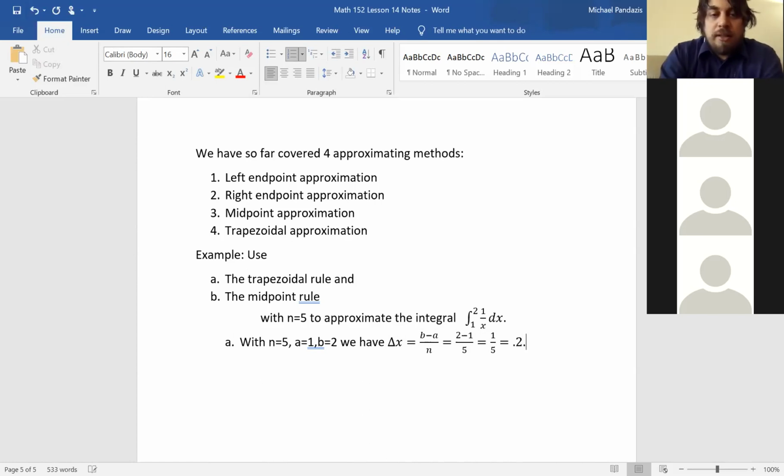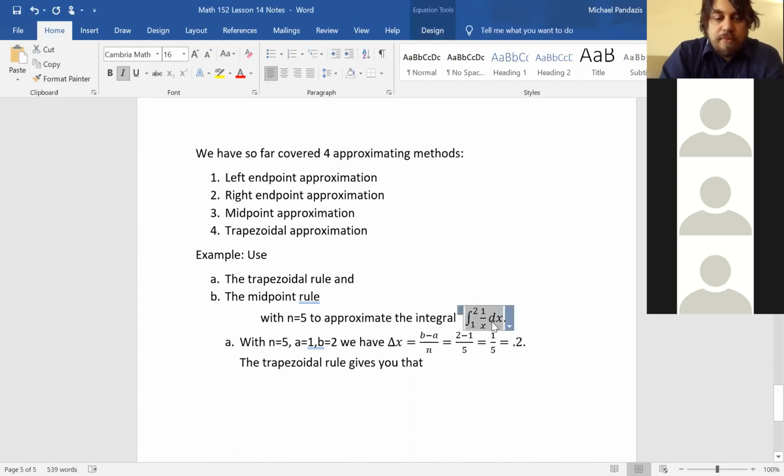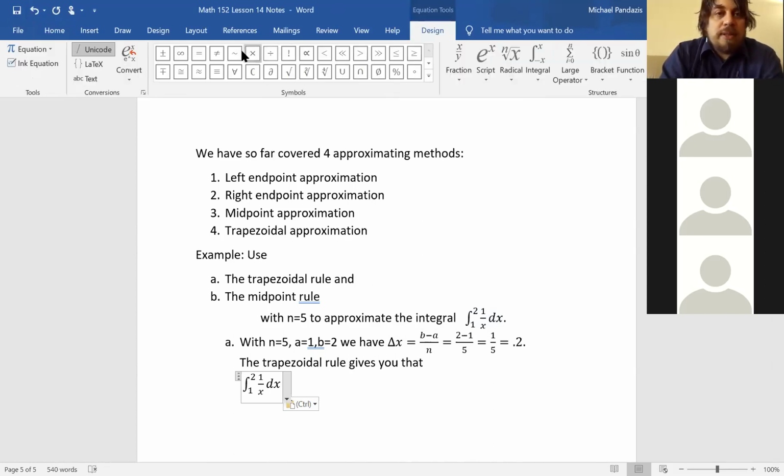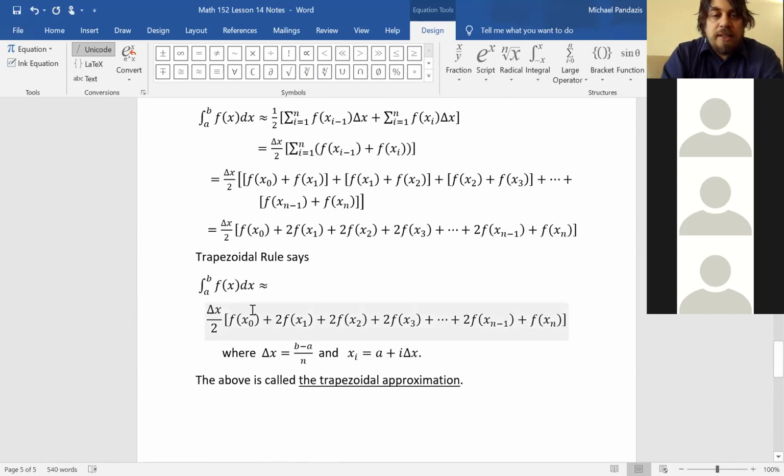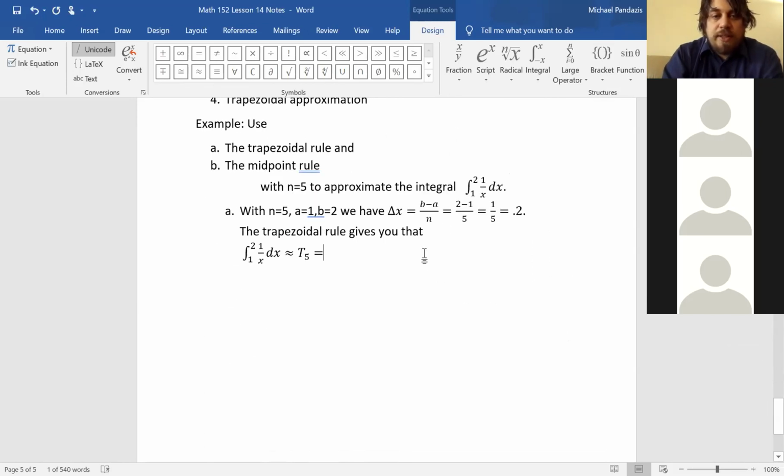Okay, so the trapezoidal rule gives you that the definite integral is approximately T sub 5. And now we have the trapezoidal rule here, so let's copy it and see how we use it.